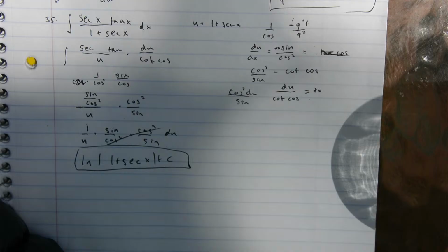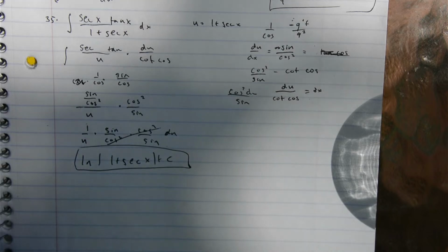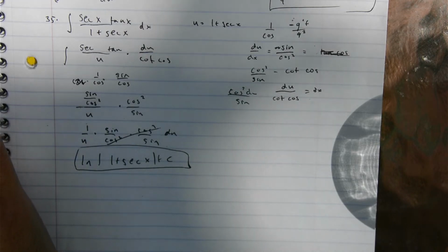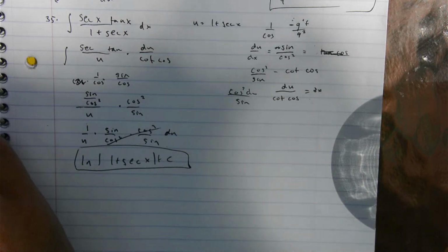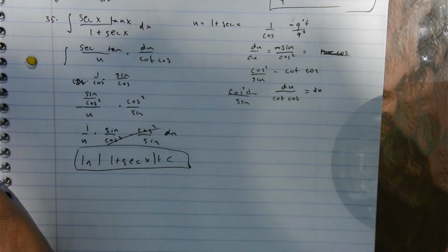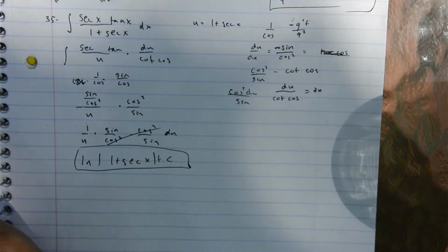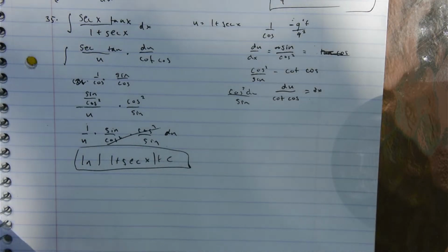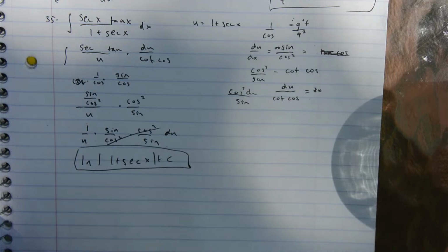But you have to go back, and so you're going to get (1 plus tan t) to the 4 over 4. Oh, and then they reevaluate the bounds from the substitution to make that easier.